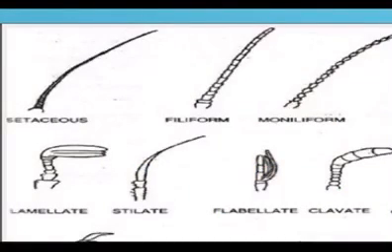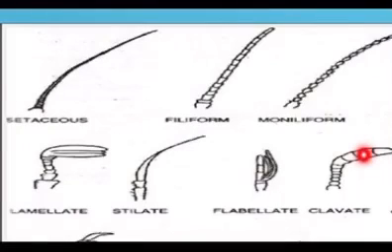Then comes stylate type. Stylate type of antenna is a 3-segmented antenna, and the third segment divides repeatedly, thus it becomes falsely multi-segmented. Example, Tabanus.